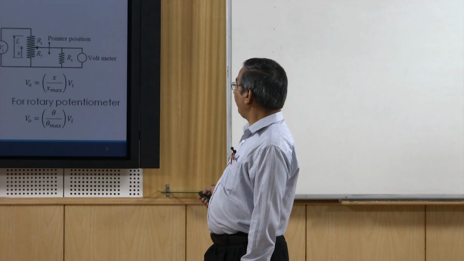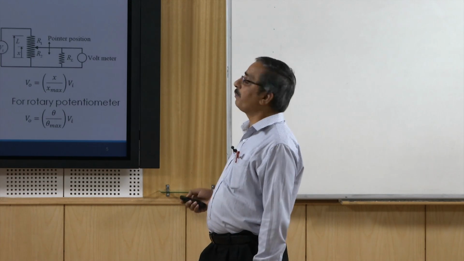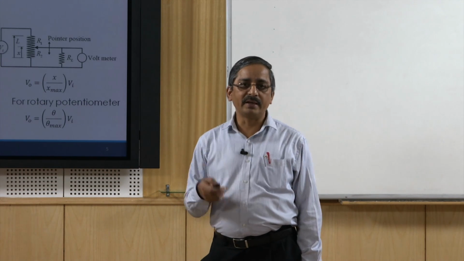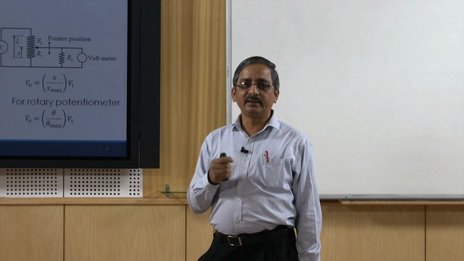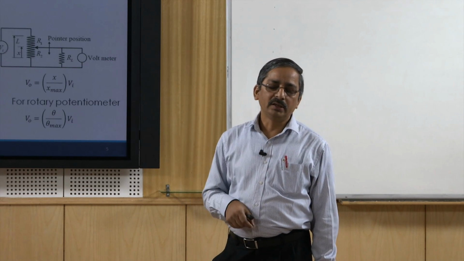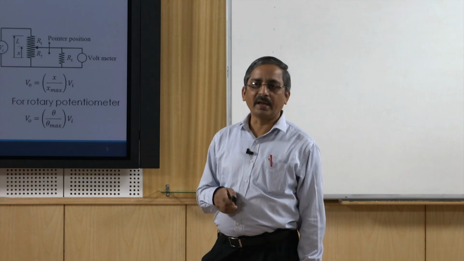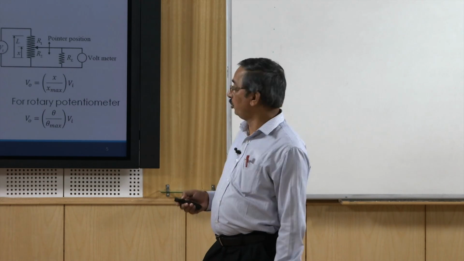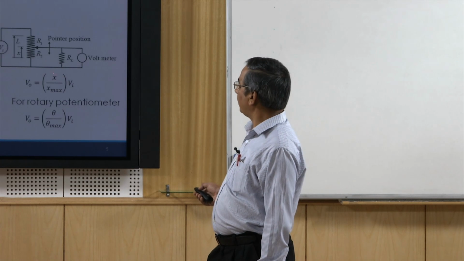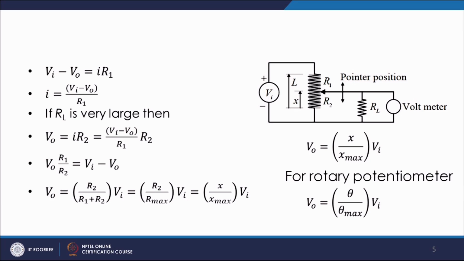Fine. Now, if your potentiometer is a rotary potentiometer, as I told you, which are used in say low cost servo motors, then instead of this x, we are going to have the rotary coordinate, that is theta.